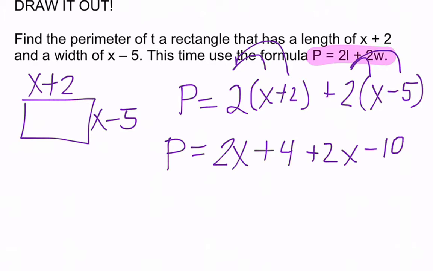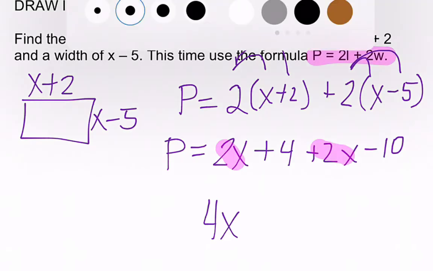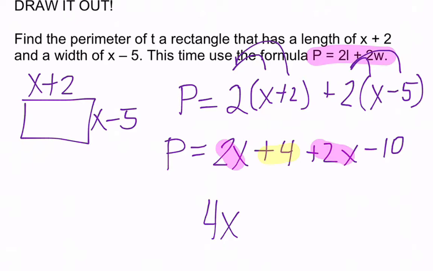Now that we've done our distribution, we're going to combine our like terms. X's first, so I have 2x's here, I have 2x's here. So we add those numbers together. 2 plus 2 is 4, so we have a total of 4x's. Now let's add our regular numbers. So I see a positive 4 and I see a negative 10. So we're going to add those up. 4 plus negative 10 is a negative 6, so I'm going to write that as minus 6.